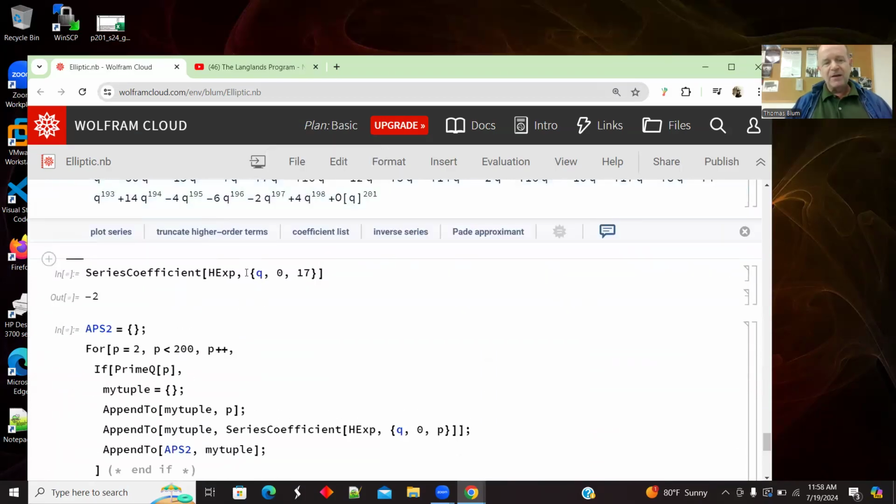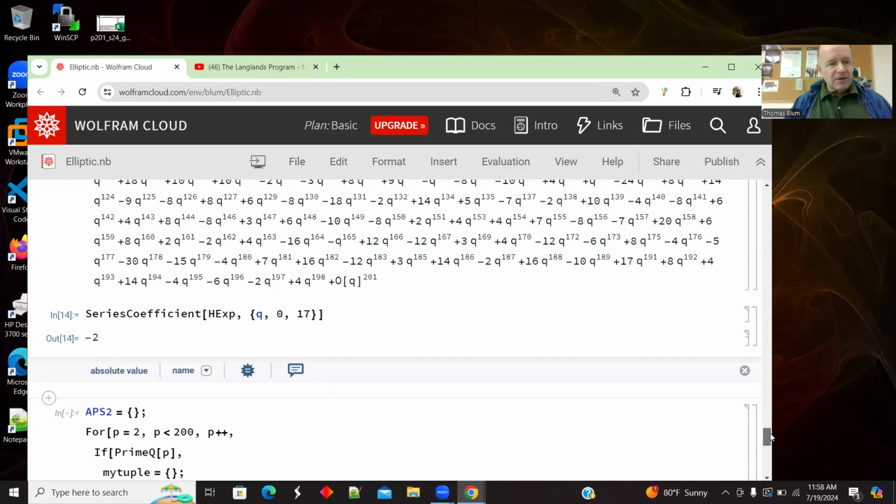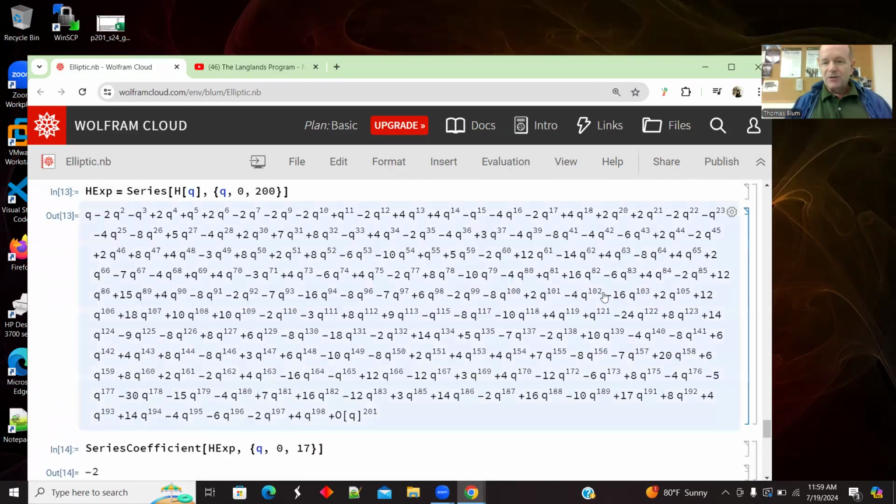But after I expand, then I can ask for Q expanded around 0, what is the coefficient of the 17th power? So I'm getting -2. I didn't pick 17 for any particular reason, but there it is, -2. What do we want to go for? 23. Let's go for 113. I don't know. 113 was a 9. So we're picking out the coefficient.